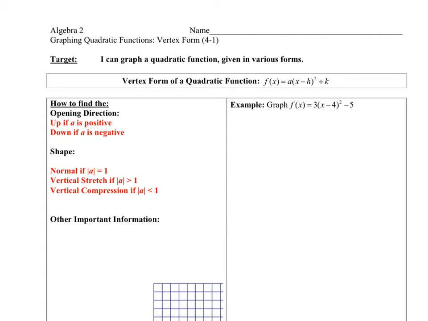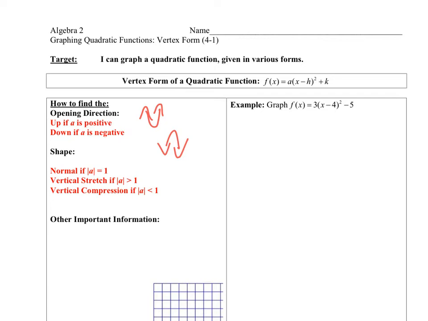Just like absolute value functions, the graph is going to open upward if the a value is positive, and it's going to open downward if the a value is negative.